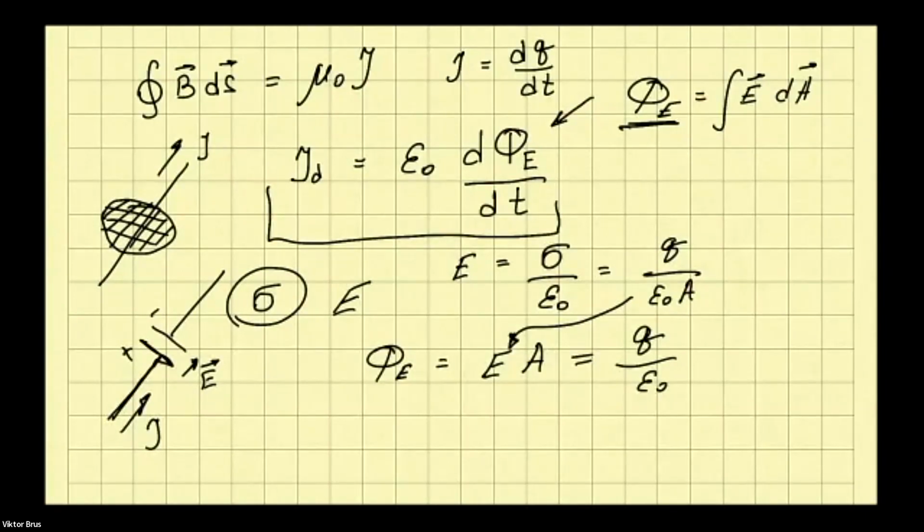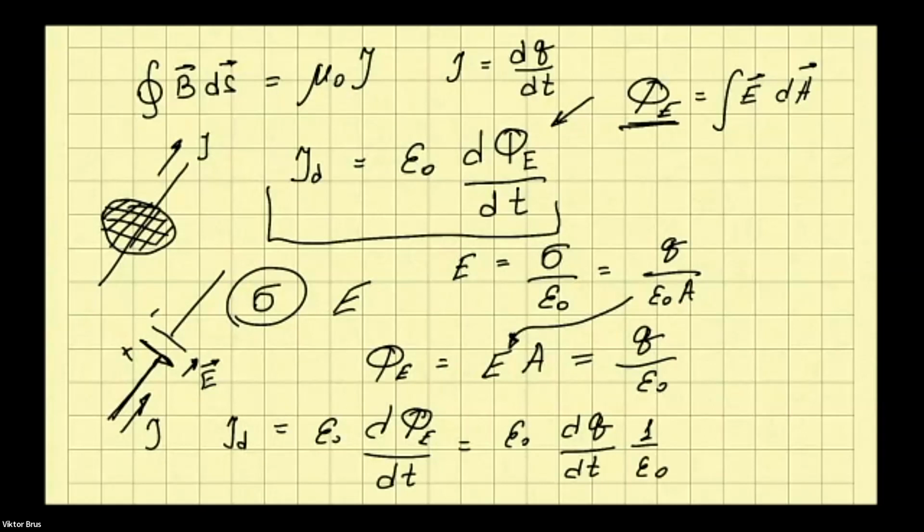Now, from the definition, displacement current is equal to epsilon naught times d Phi_E over dt, so the first derivative of electric field flux over time. That will be equal to epsilon naught times dQ over dt, times 1 over epsilon naught.